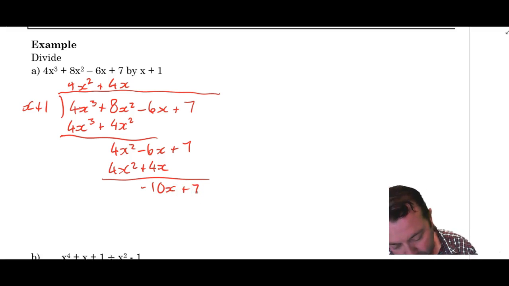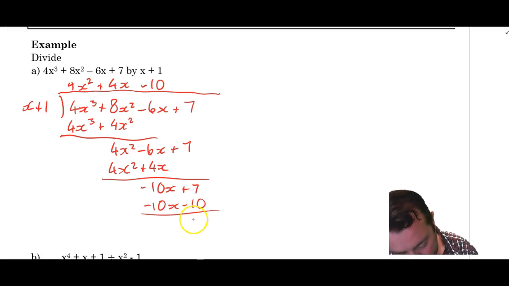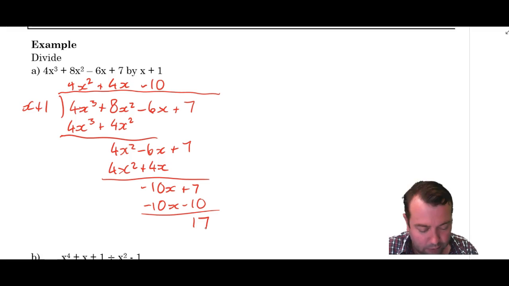Now x plus 1 goes into that negative 10 times. I multiply that out and I get negative 10x minus 10, and I end up with a remainder of 17. Now x doesn't go into that anymore.